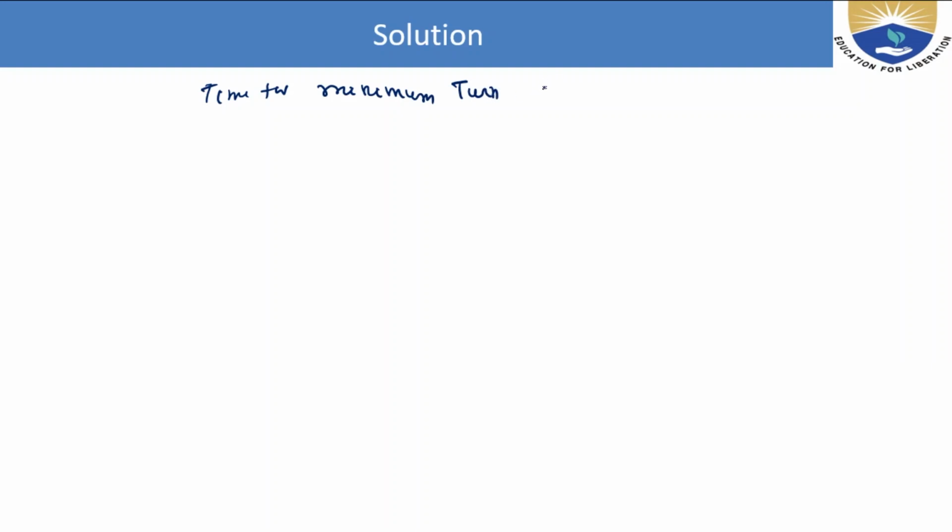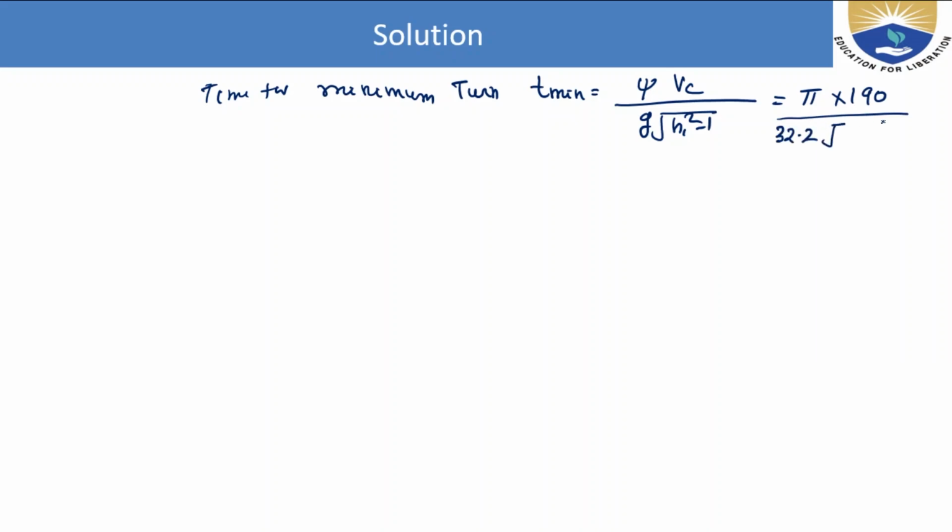So that is the T minimum is equal to pi Vc divided by G under root N1 square minus 1. So it is pi, 180 degree, into 190 divided by 32.2 G, 4 square minus 1. So you will get this one 4.79 seconds.